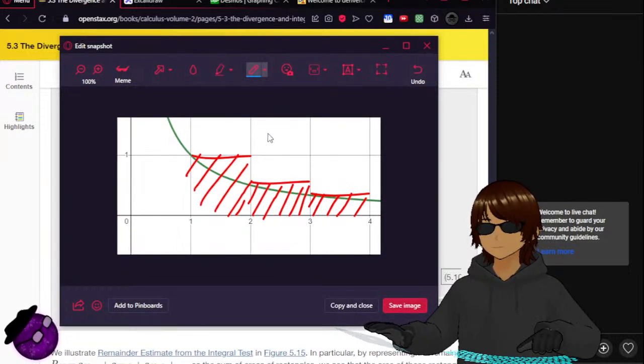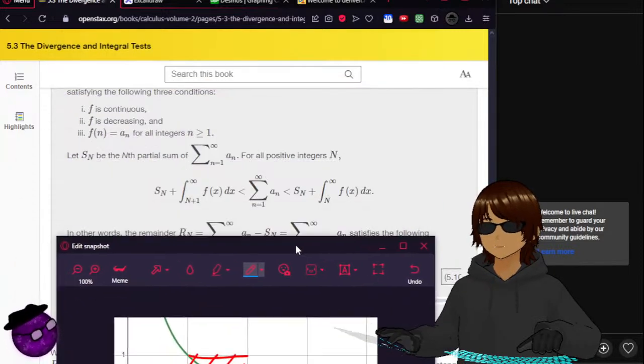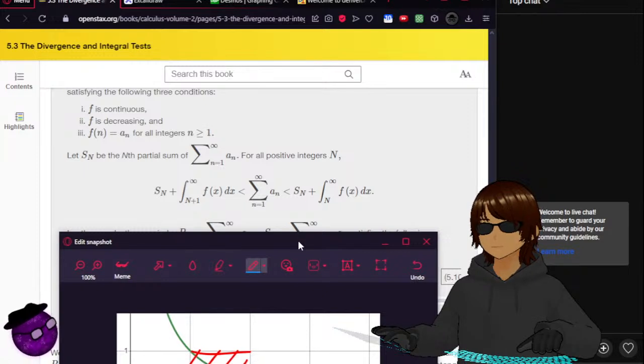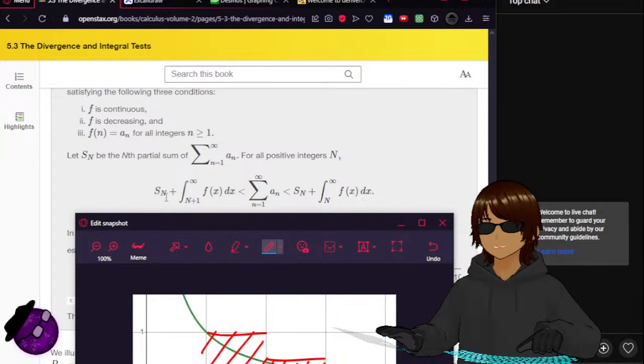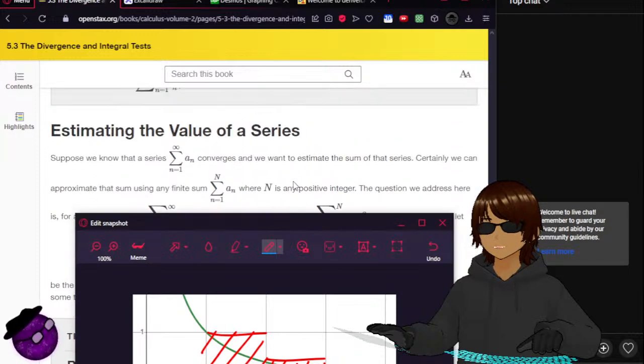And then what are we doing? I don't understand. So we have Sn plus this. Let's say n is equal to 1 or n is equal to 0, so we are starting from the very beginning.